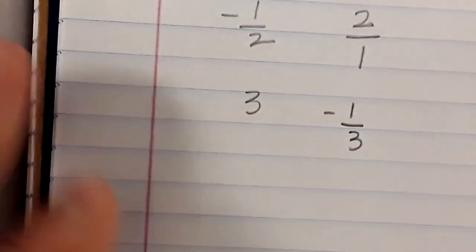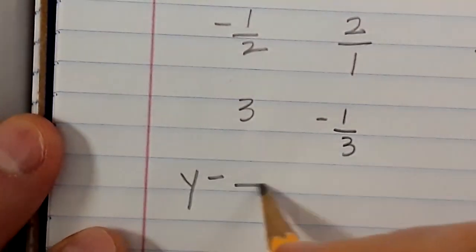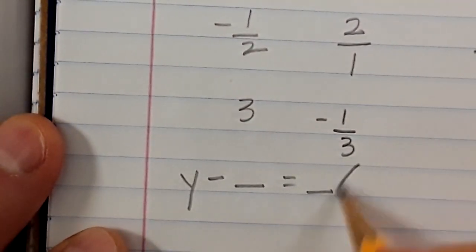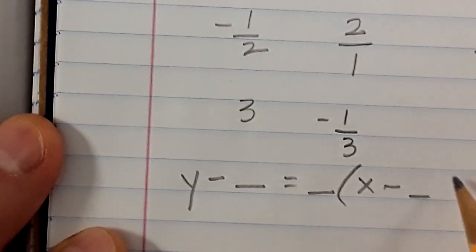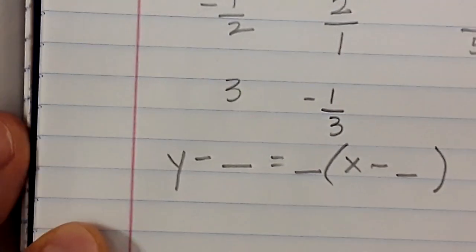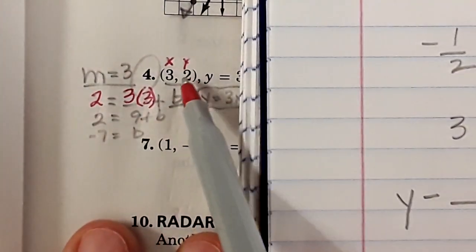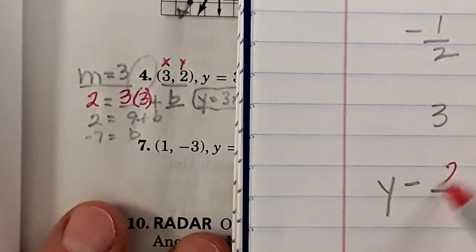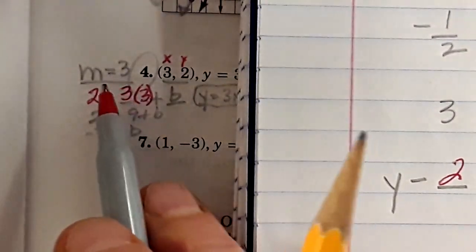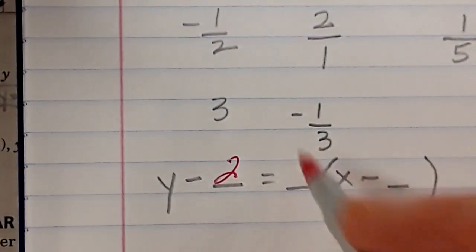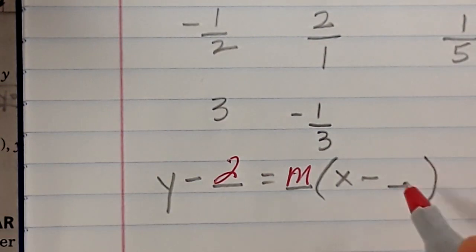So if I use y minus blank equals m times x minus blank, then I put in y1. y1 in this case is 2, right? So I put a 2 here. My m is 3, yes? So m is here, and then your x is 3.